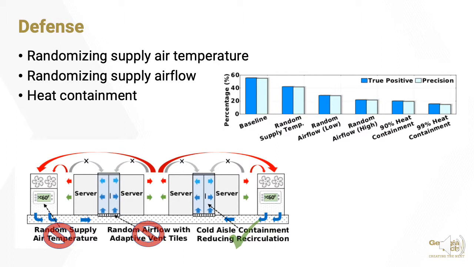Now, randomizing the supply airflow can make an attacker's knowledge of the heat recirculation more erroneous, right? So if they've already done their model on the heat recirculation, this would throw it off a bit. But this requires the data center operators to install special adaptive vent tiles that can be adjusted dynamically.